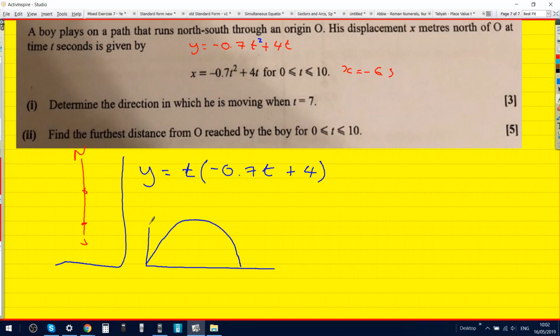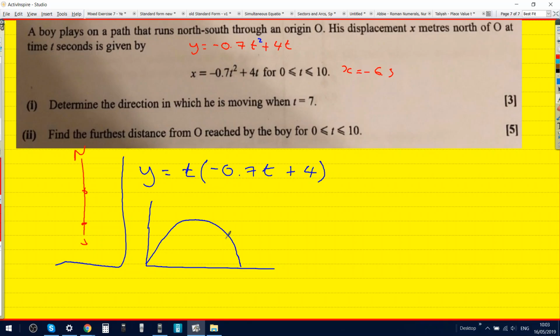And you would just say, if 7 is less than the halfway point, then it's increasing. If it's past the halfway point, then it's decreasing. That's one way to do it.